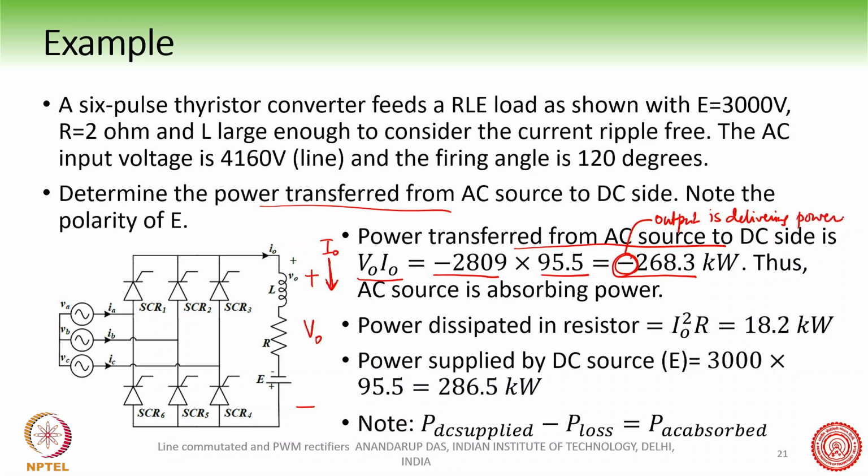Of course, if the output is delivering power and the whole converter is lossless, then the AC source must be absorbing the power. So this is a condition in which the load is feeding back power into the AC side. This is a transient condition and cannot happen indefinitely. It's a motor load; if it's a battery, it's a different case.